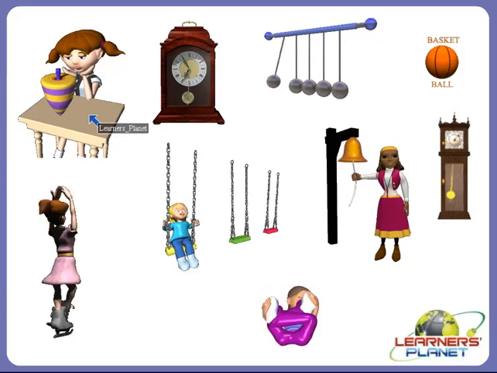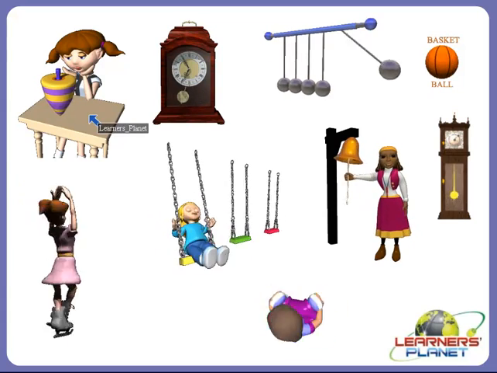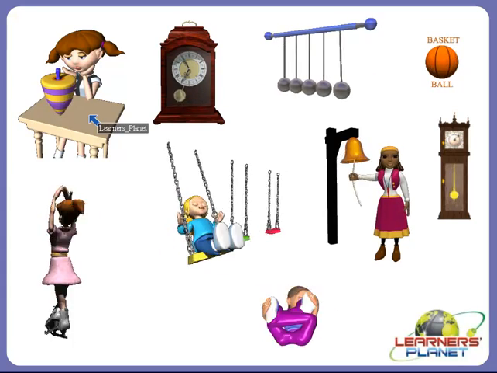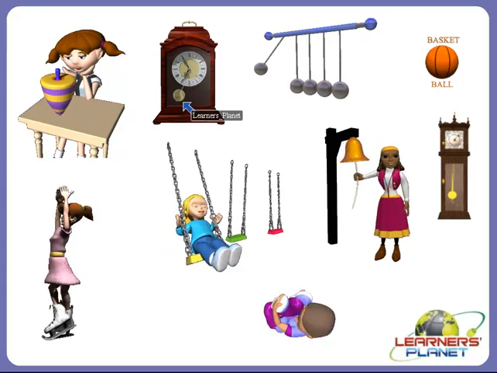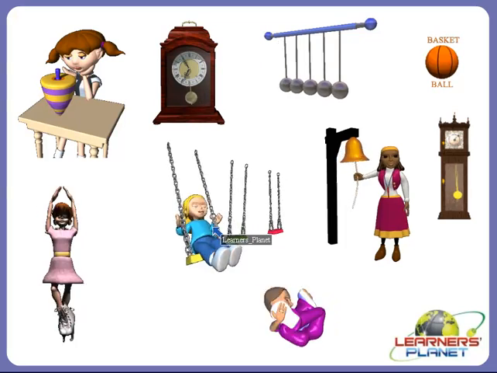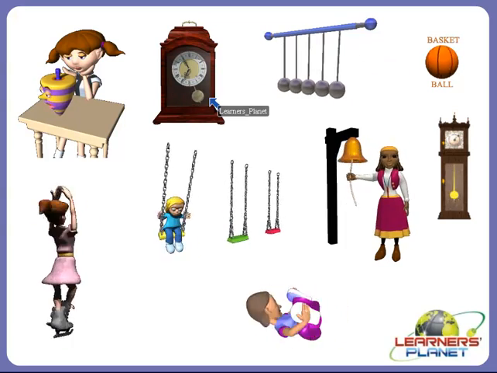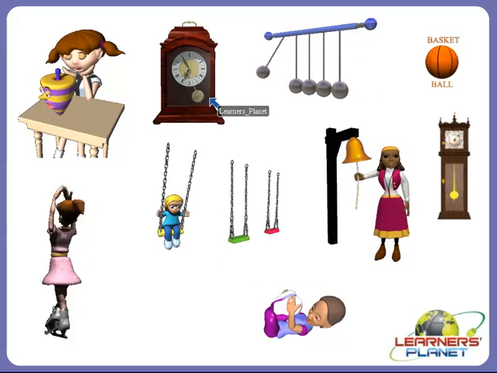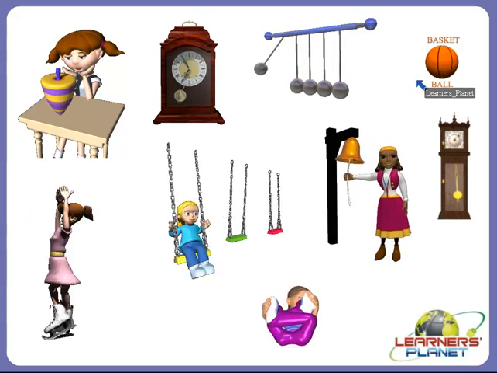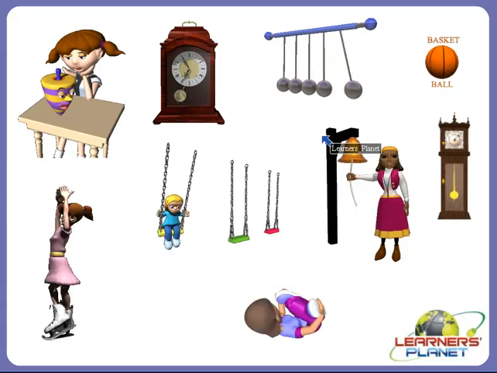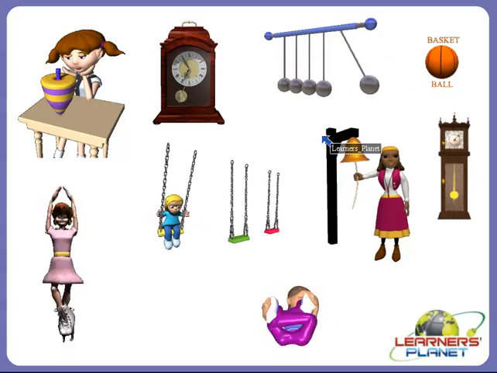right? Here you can see some more examples, like a top spins around and around, and a swing moves back and forth. A clock pendulum moves side to side, and whenever you do jumping jacks, you move up and down.